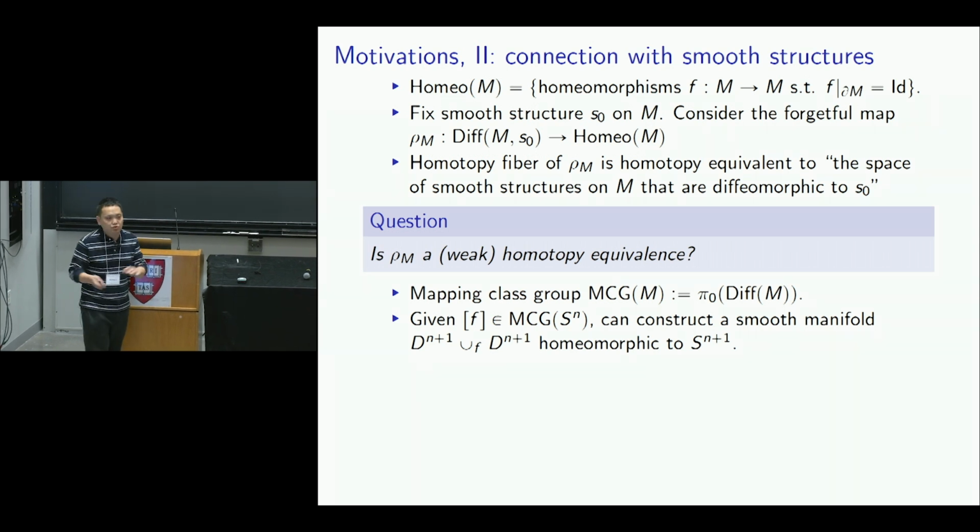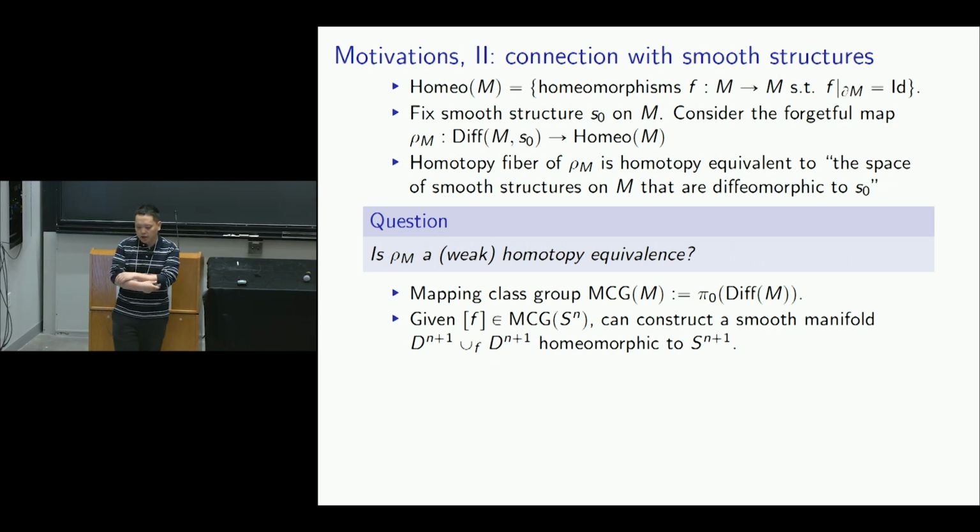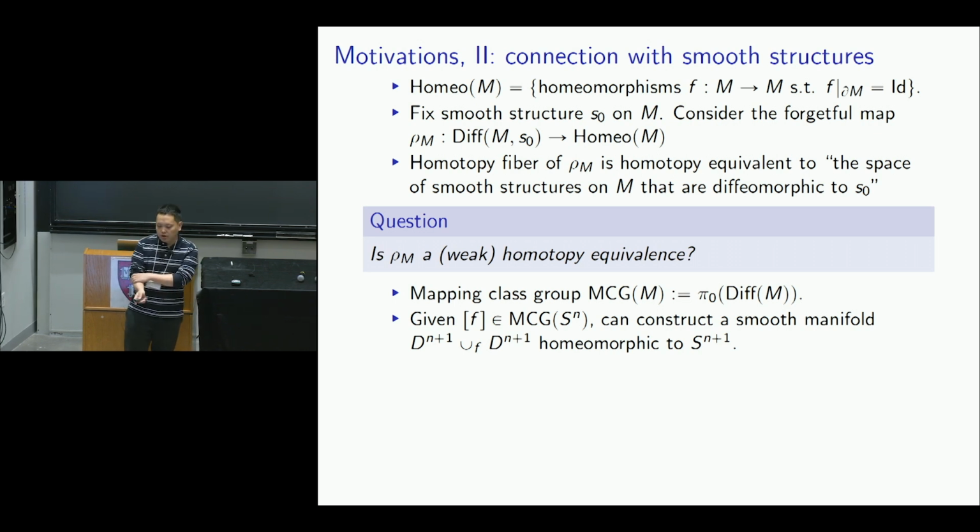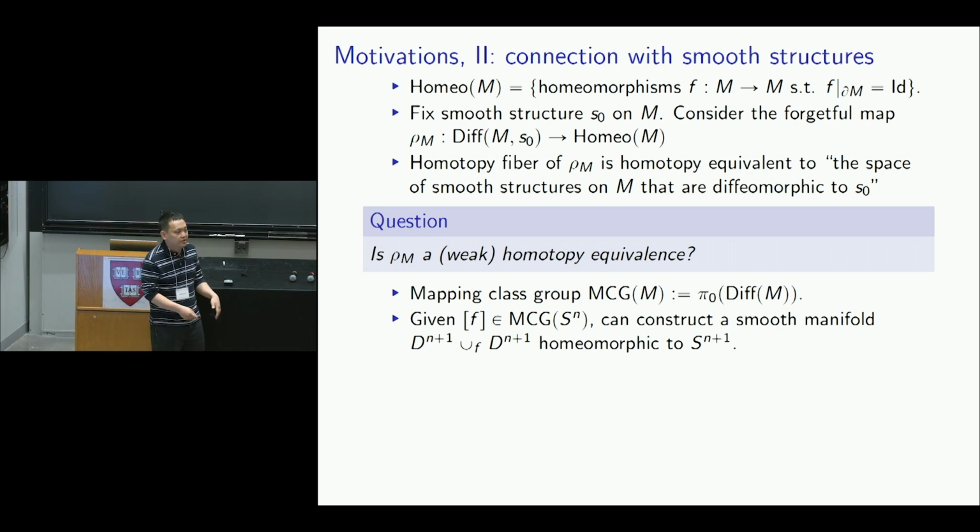For example, let me mention one very important fact. Let me emphasize that here, when I say Diff, I always mean orientation preserving diffeomorphisms. Some people put a plus on the notation, but again, let me just ignore that.